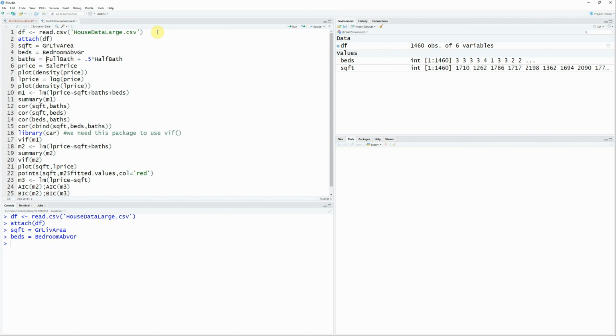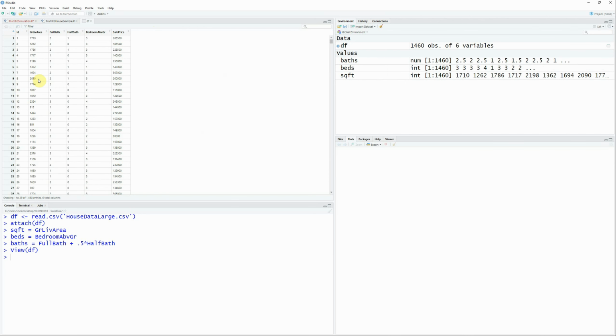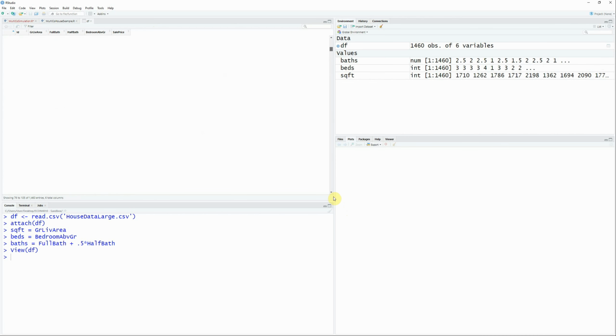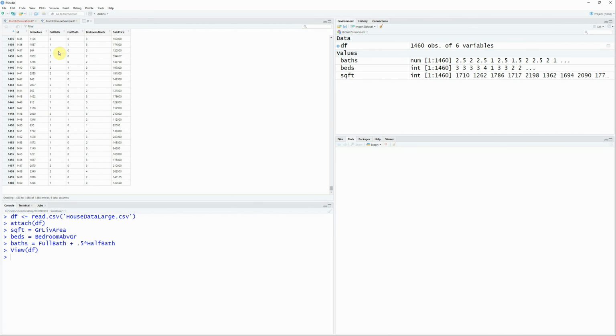By adding full bath and then the number of half baths multiplied by half, we get total bath numbers for that house. Here's the CSV file that we read, and you see it has 1,460 observations.